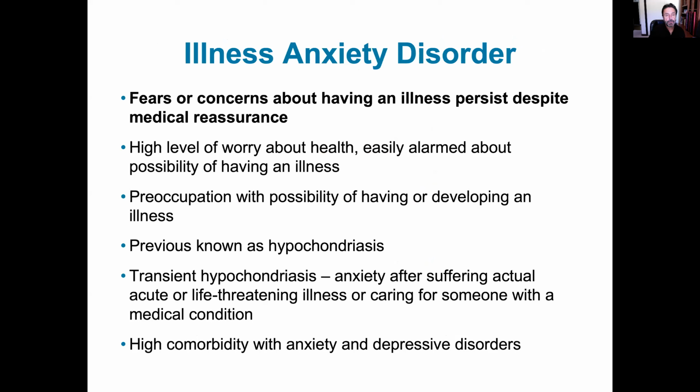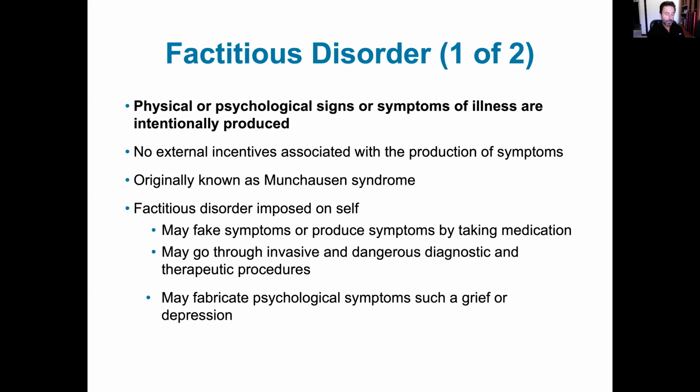Illness anxiety disorder is basically fears or concerns about having an illness despite any kind of medical reassurance. This is hypochondria, as it was previously known. Basically, this is when we're worried we have all kinds of diseases, or that we have some kind of virus, when the doctors say we have tested negative for it.